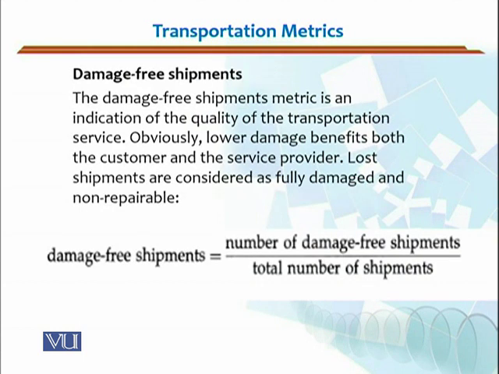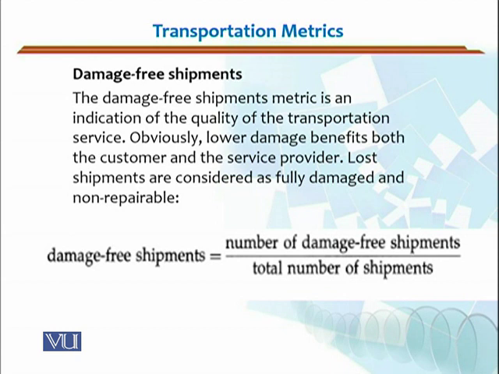Damage-free shipments. The damage-free shipments metric is an indication of the quality of the transportation service. Obviously, we want lower damage, both for the customer and the service provider. It actually benefits both of them. Lost shipments are considered as fully damaged and non-repairable. So if a shipment, heaven forbid, gets lost during the transit for any reason, it would be considered as a fully damaged and non-repairable one.